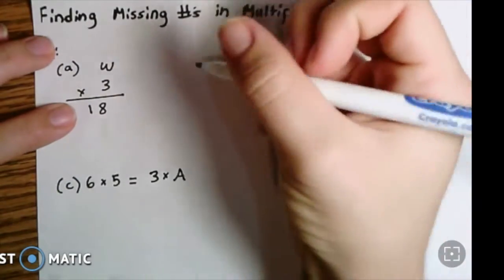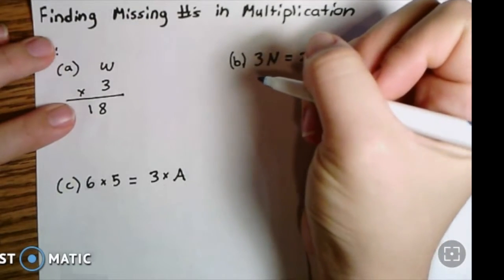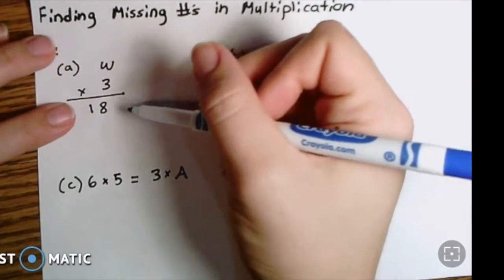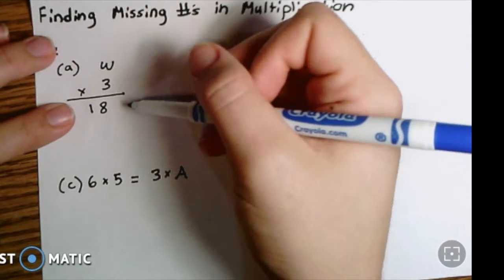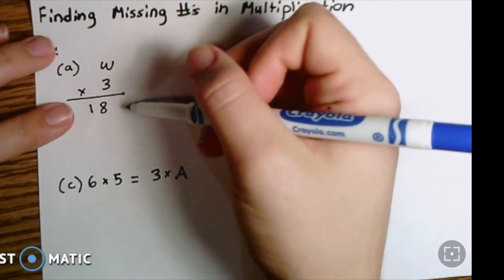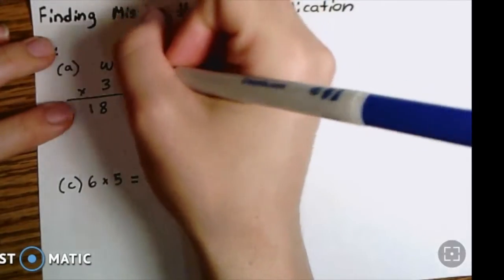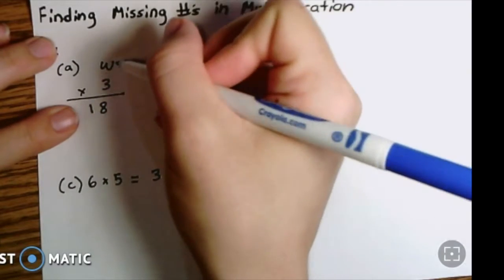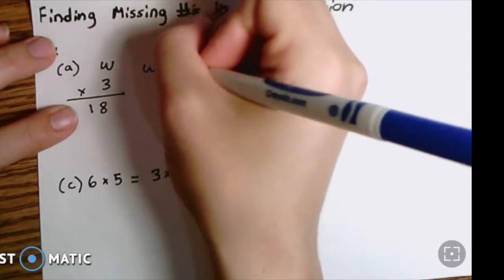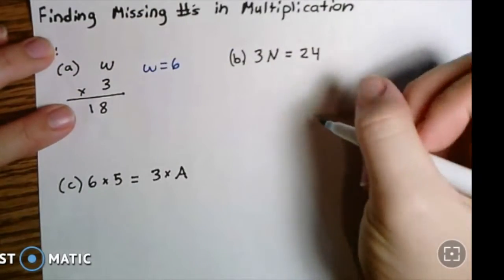Okay, so if I did that, I'm going to think of fact families. These are a part of the same fact families. So what number times 3 equals 18? Good, 6. So 6 times 3 equals 18. Therefore, 18 divided by 3 equals 6. So W equals 6.